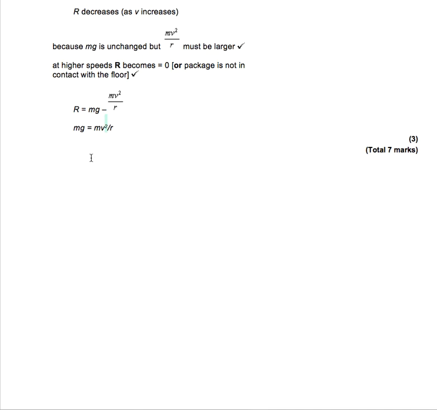So v squared equals gr. So v squared equals 9.8 times r, which I think was 11.